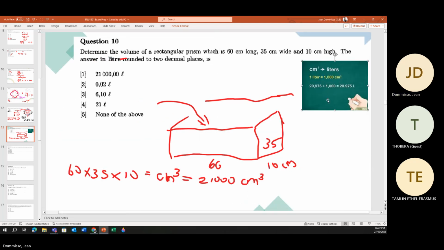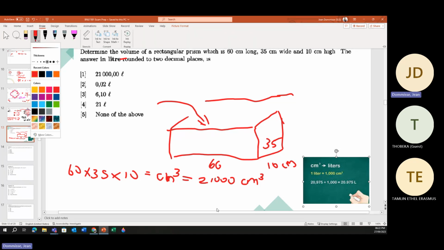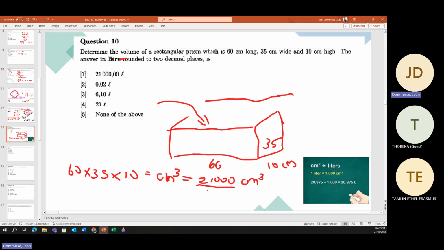So what we've got here is to say, when we move from cubic centimeters to liters, we need to divide by 1,000. So we can say that divided by 1,000 will give us the answer of 21 liters, which is option 4.